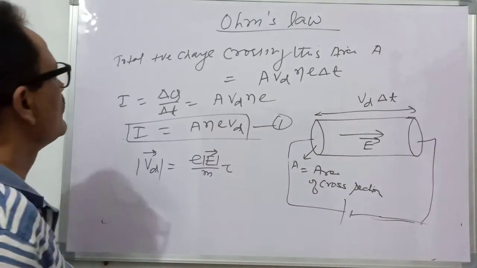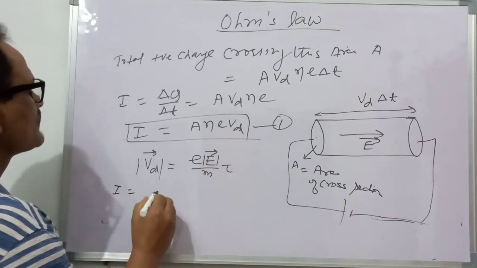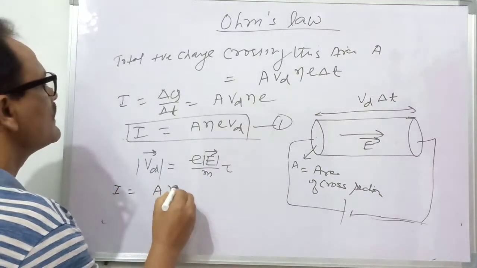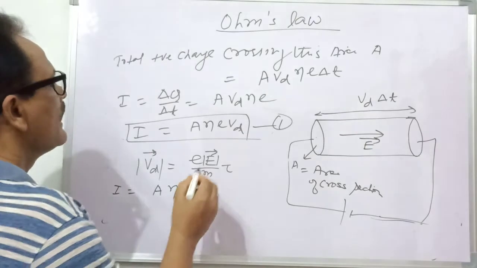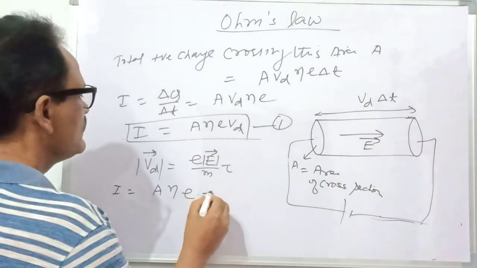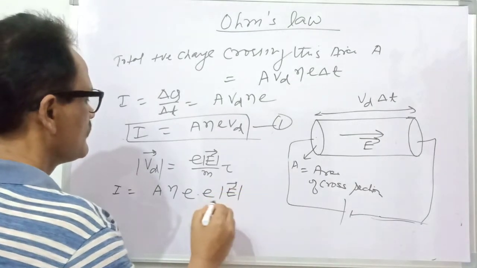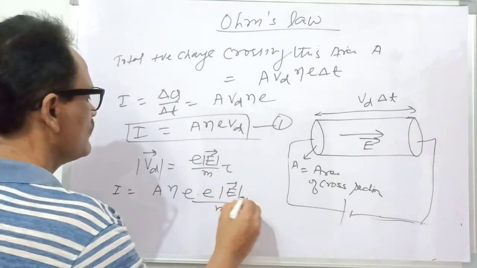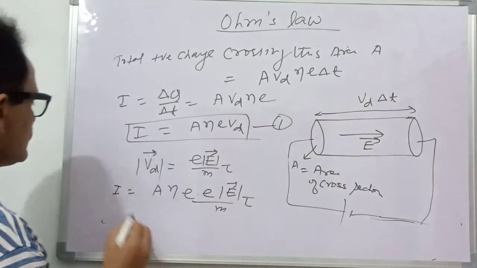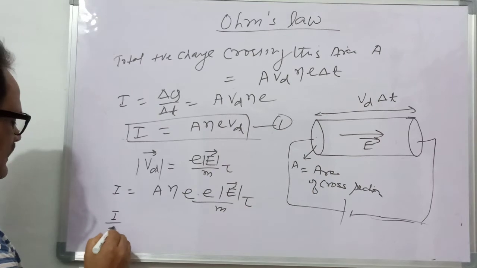And putting this value in this I, we get A n e into eE by m tau, and hence this is the I by A.